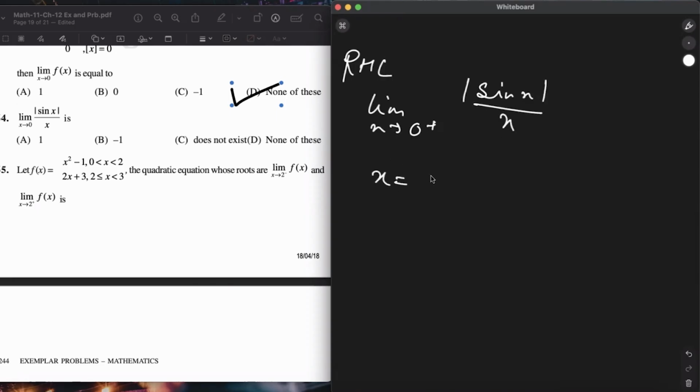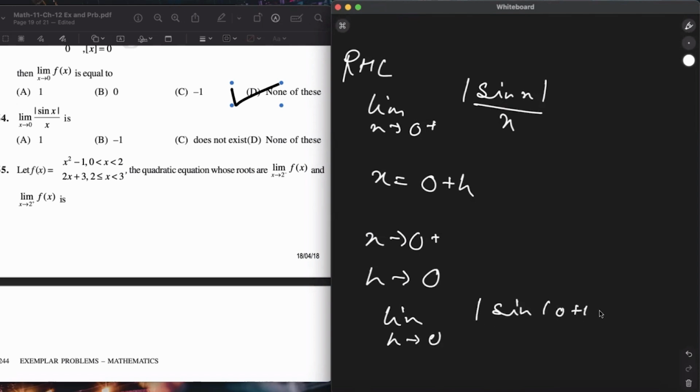So I'll just put my x equal to 0 plus h. Okay. So when my x is approaching a 0 plus, then my h must approach a 0. Alright, that is correct. So the limit for h tends to 0 becomes modulo of sine 0 plus h divided by 0 plus h.